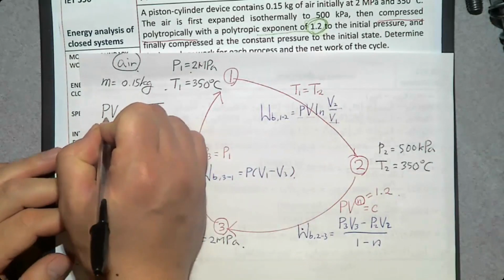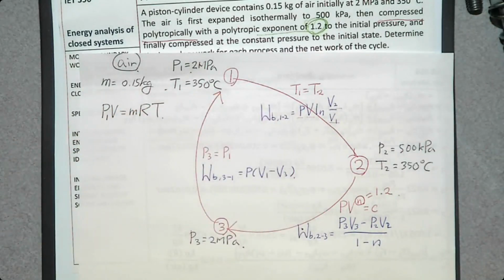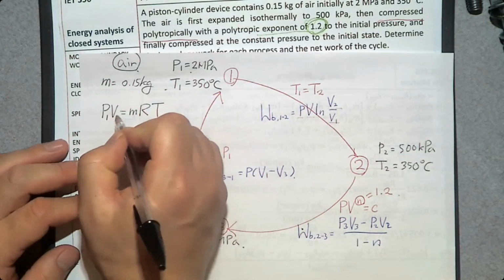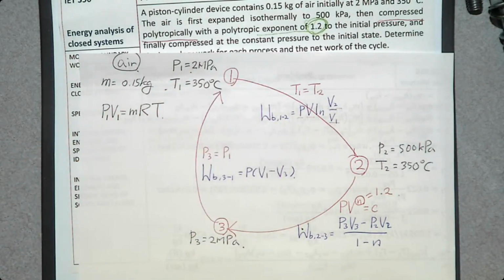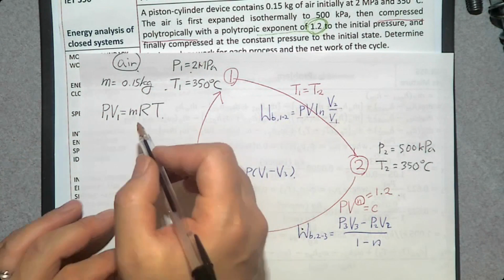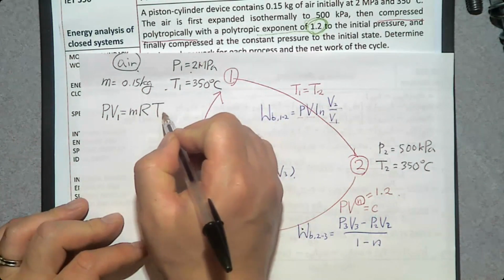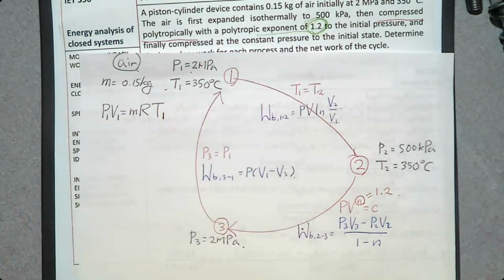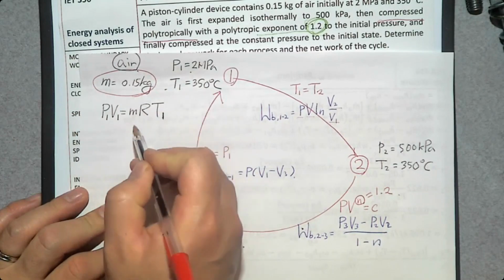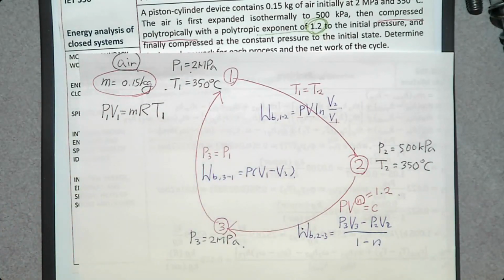That means we can say P1, pressure at number 1, and V1, the volume at number 1, and m, R, and T1, the temperature at the initial state. Then why don't I say m1 or R1? Yeah, mass is constant. It's a closed system. So there is no m1, m2, m3. There's only one m. So that's why I don't put any subscript here.